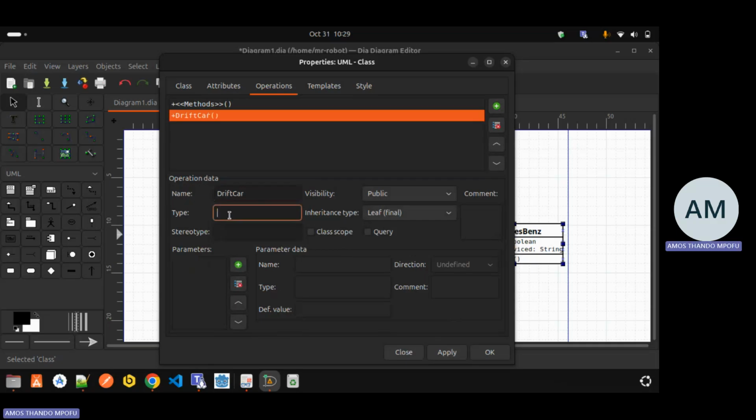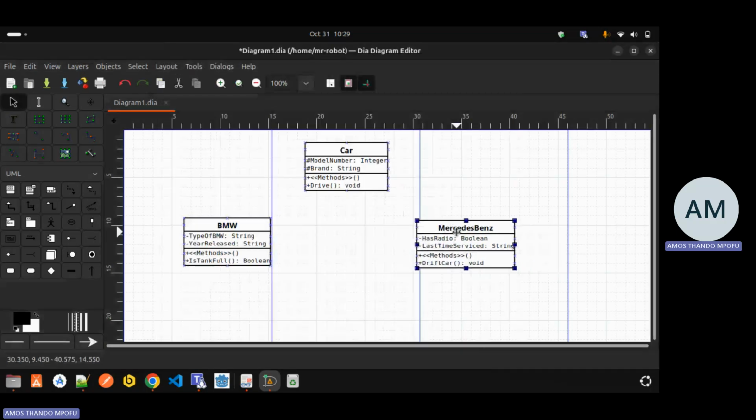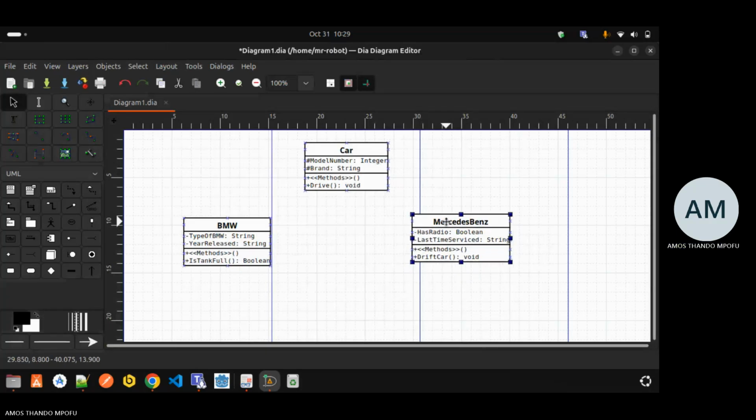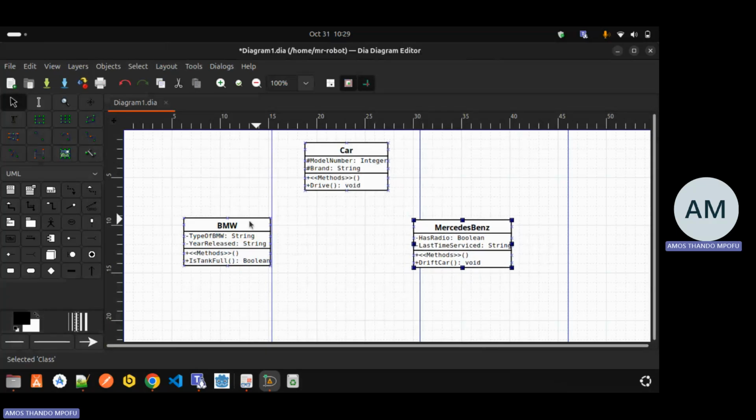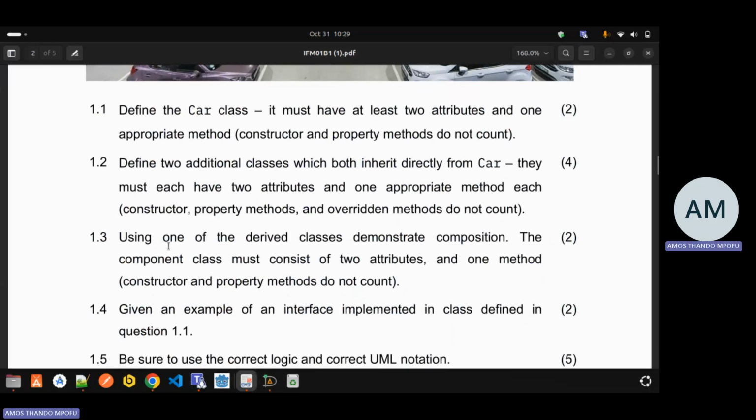You can drift the car, and then void, and that's pretty much it. So these are the three classes that we have so far. And then the last one, even though it's a long journey, the last one.